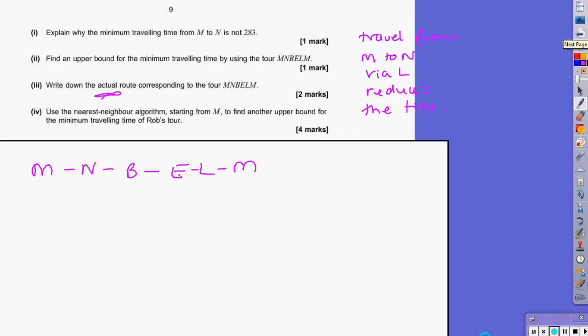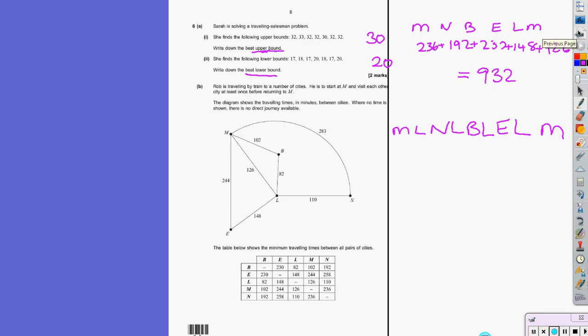So then it says use the nearest neighbour algorithm starting from M to find another upper bound for Rob's tour. So we're going to go back here again and use nearest neighbour on here. We're starting at M. Looking down M, the shortest route we can find is 102.